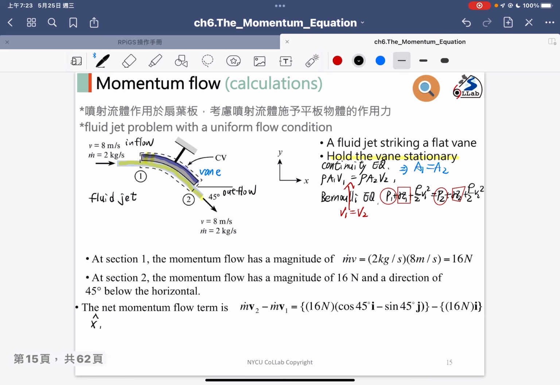So we have the outflow rate with V2, projected into the x direction. This is related to the outflow momentum change, and we need to subtract the inflow rate.